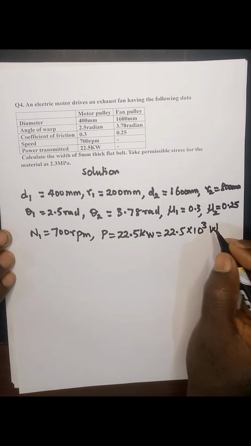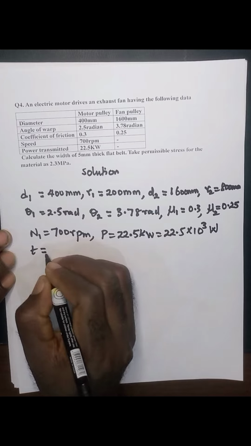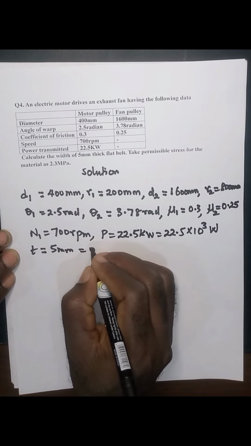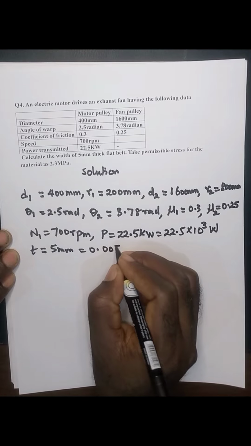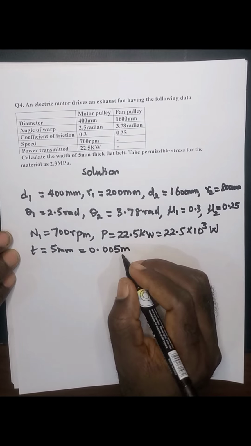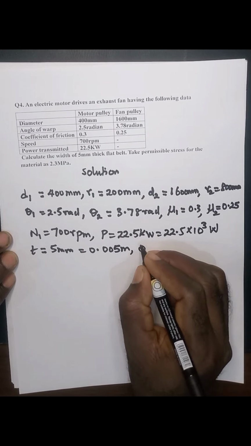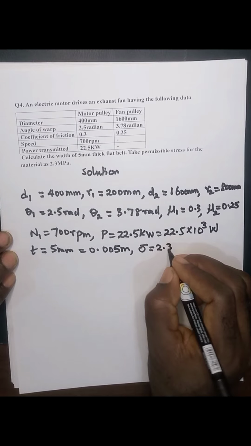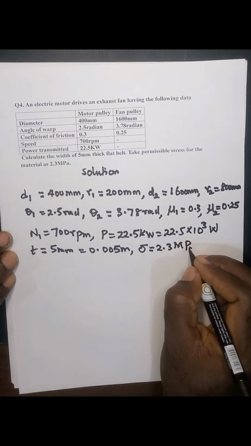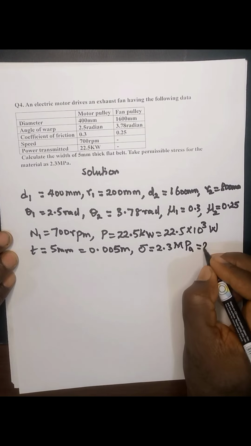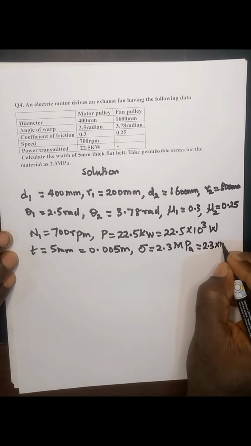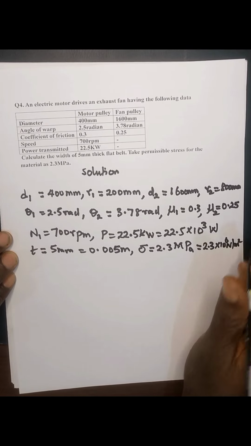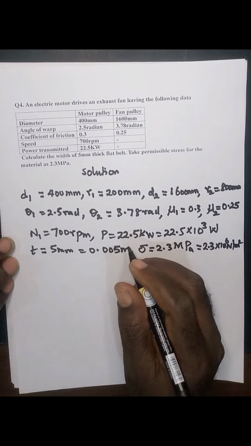We are also given the thickness of the belt t, which is 5 mm, which is equal to 0.005 meter, and we're given the permissible stress to be 2.3 megapascal, which is equal to 2.3 times 10 raised to power 6 Newton per meter square. Now, this is what we are given.